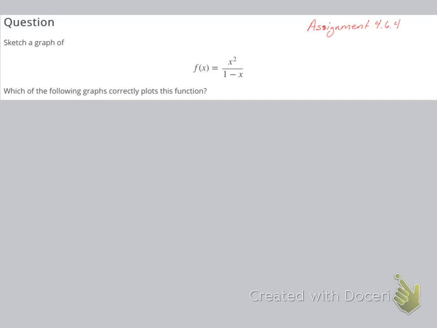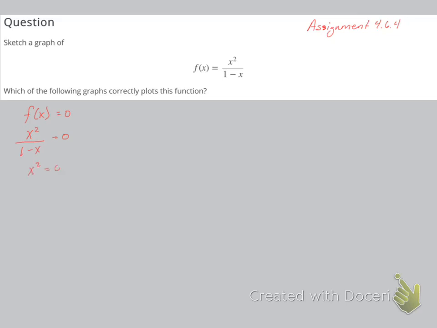So let's start with x-intercepts, or x and y-intercepts. Remember that an x-intercept is where the function equals 0. So if I set f of x equal to 0, I'll find the x-intercept. So I got x squared over 1 minus x equal to 0. A fraction equals 0 where the numerator equals 0.